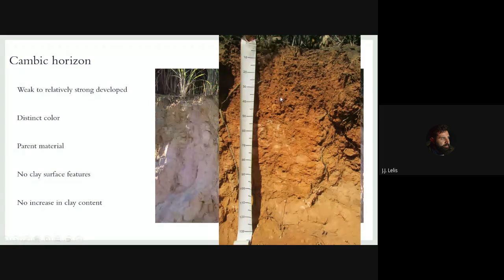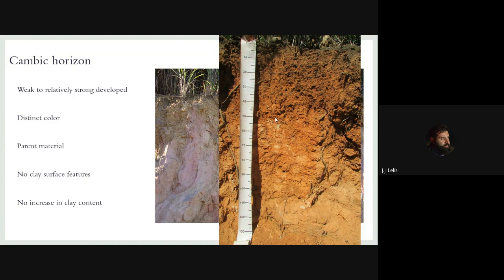And see here in this picture, between 0 and 10 centimeters, the A horizon, and between 10 and 13 centimeters, we can see a dark red horizon that could be a transitional horizon, but between 13 and 55 centimeters, we can see a horizon that possesses some coarse fragment materials like here, and we can see some roots and some voids, and in the field we can't see any kind of soil feature beyond aggregates, beyond peds.